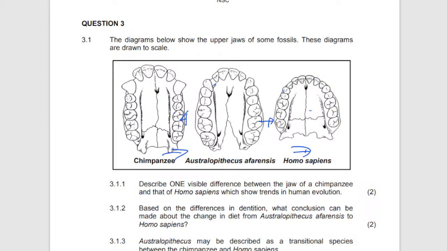This one, the space is not as big as this. This one is big, and it is not as small as that. So all that is trying to show you that, yes, it is a transitional species.